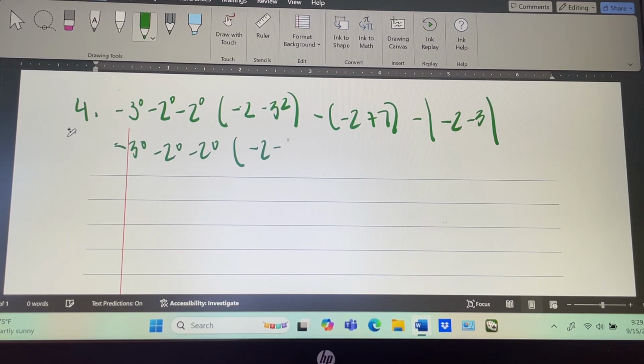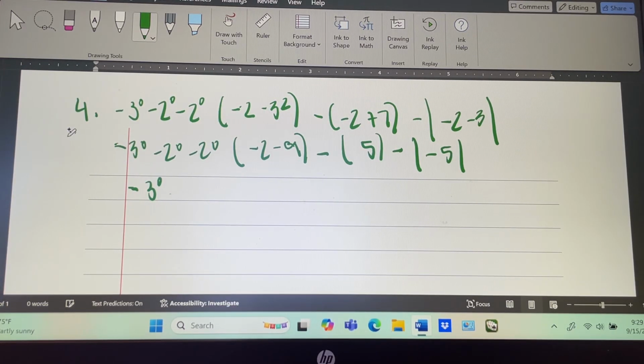-2 minus 3 squared is 9, oh, sorry, that's not an equal sign, that's a negative. Minus -2 plus 7, that's 5, minus the absolute value of -5. All right.